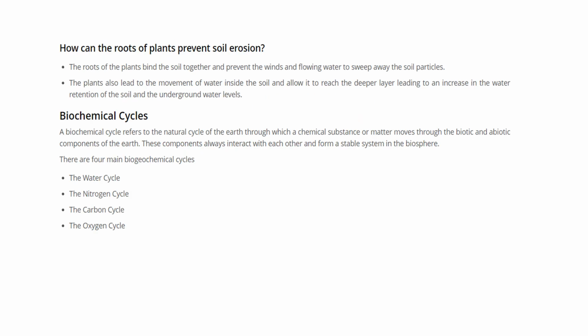So how can roots of the plants prevent soil erosion? Roots of the plant bind the soil together and they prevent the winds and flowing water from sweeping away the soil particles.